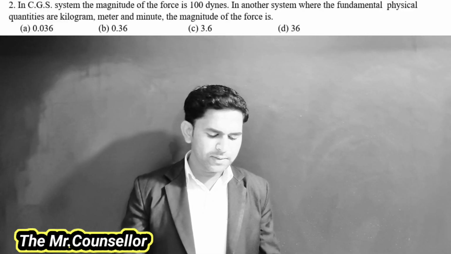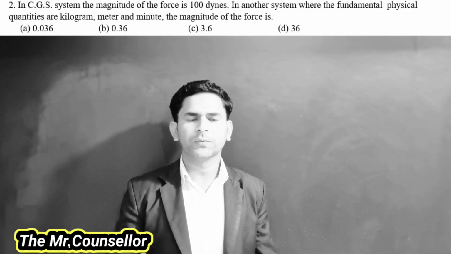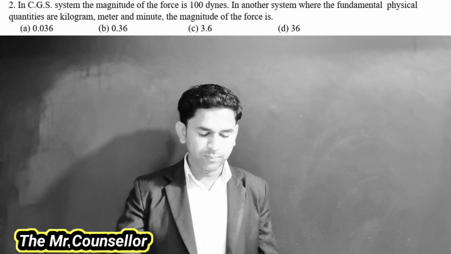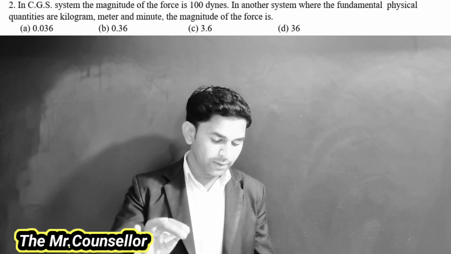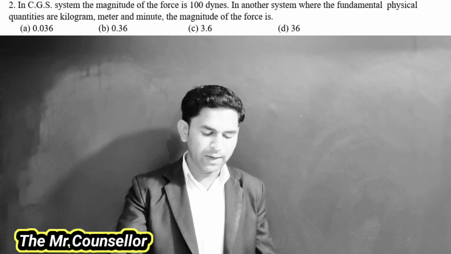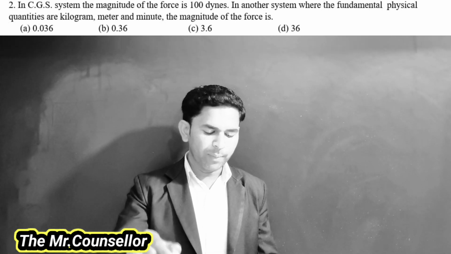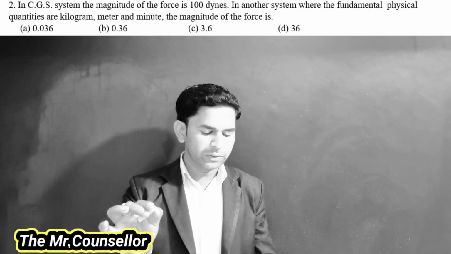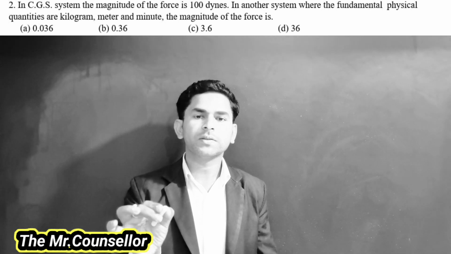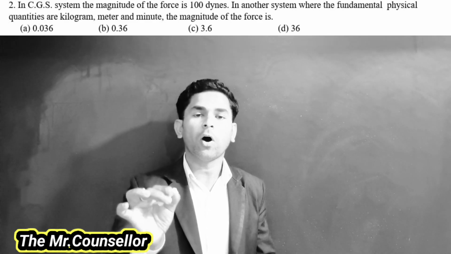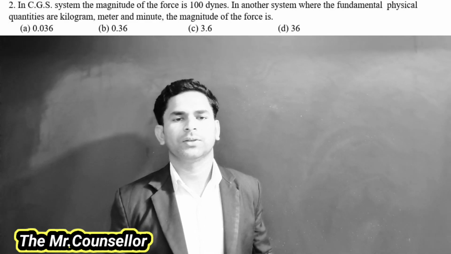In the CGS system, the magnitude of a force is 100. In another system where the fundamental physical quantities are kilogram, meter and minute, the magnitude of the force is: option A 0.036, option B 0.36, option C 3.6, option D 36.